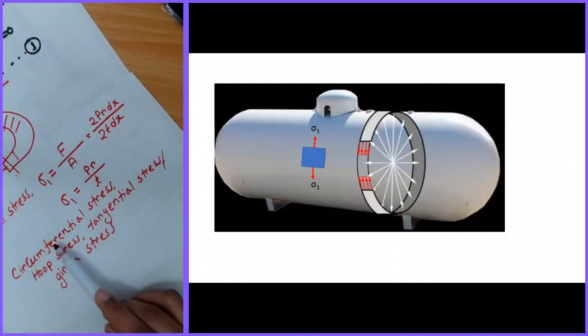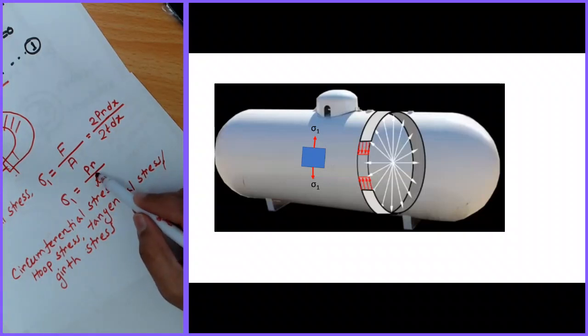So circumferential stress, hoop stress, tangential stress and girth stress are all the same, and it is calculated by the internal pressure multiplied by the internal radius of the cylinder divided by the thickness of the cylinder.